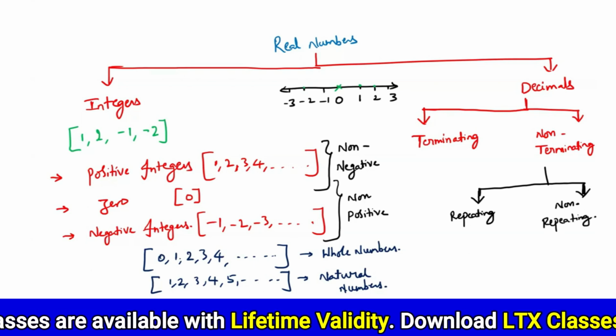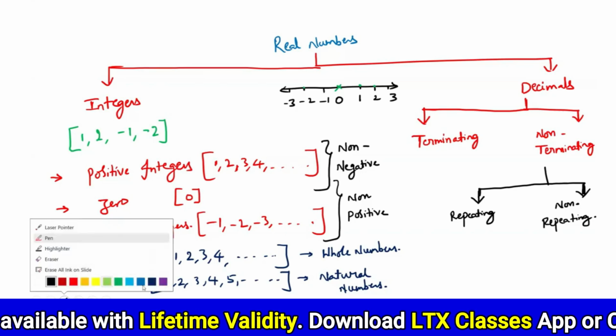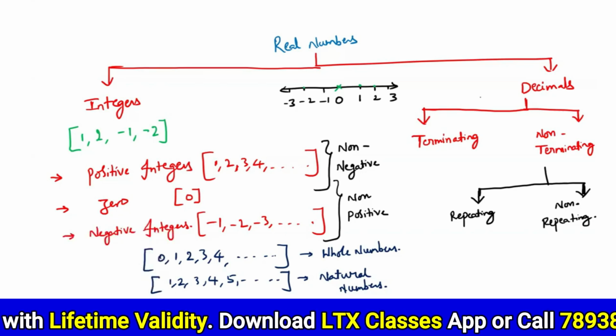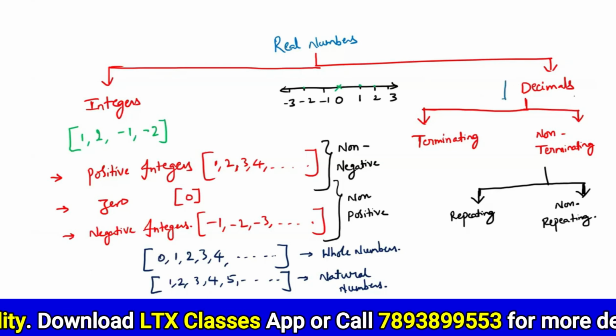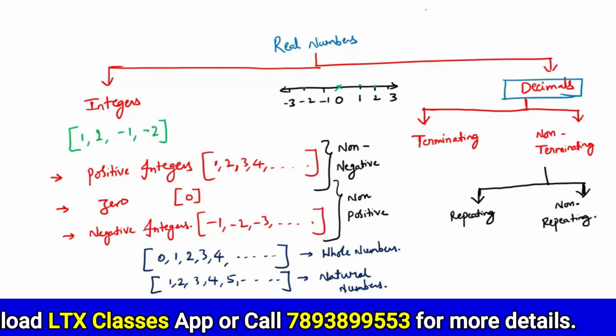And now regarding terminating decimals, can you give me some examples? First of all, tell me which type of numbers will be considered as decimals.